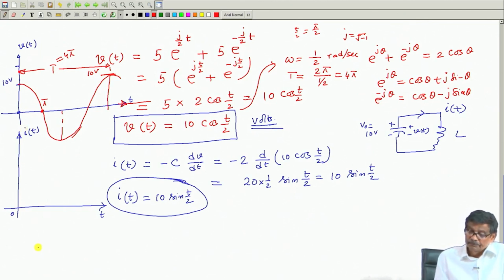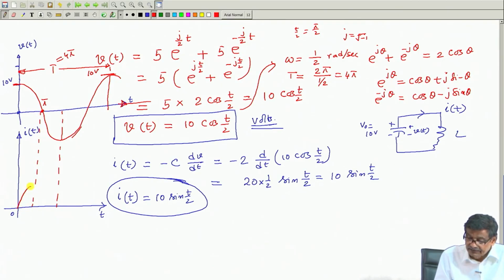Now, the capacitor voltage V 0 minus was 10 volt, and from that it started oscillating co-sinusoidally like this. What about current? Current, if you see, is a sine function, sine t by 2. So, the current waveform will be like this.